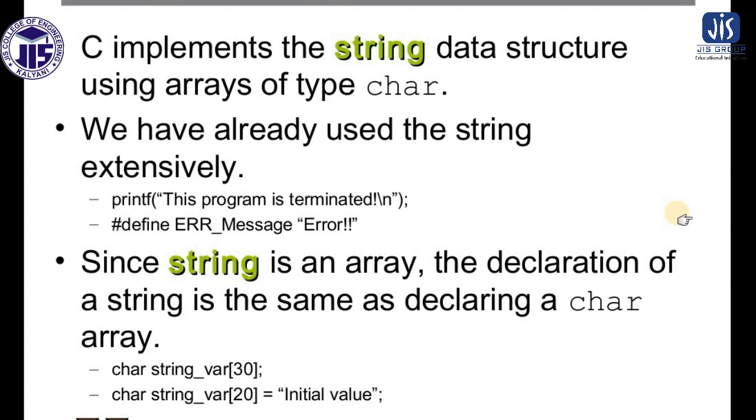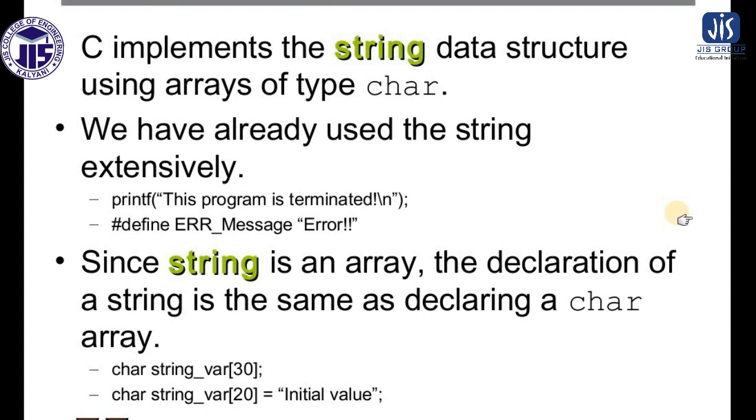Now, how to declare string in C programming? In C programming we declare string in the form of array declaration, because string is nothing but an array. In array declaration we said there are basically 3 main parts, in a one dimensional array or a two dimensional array.